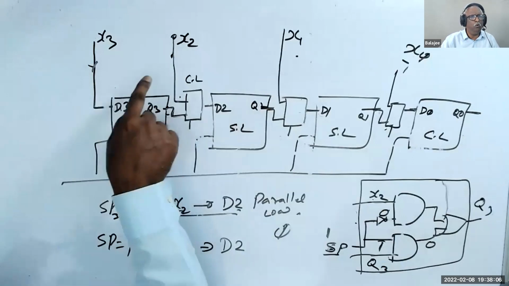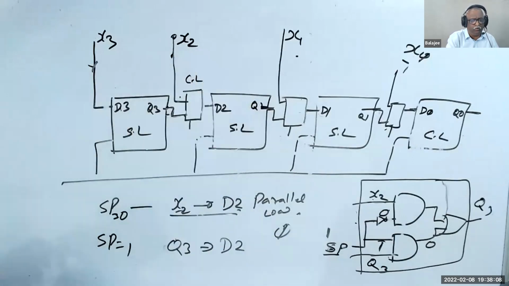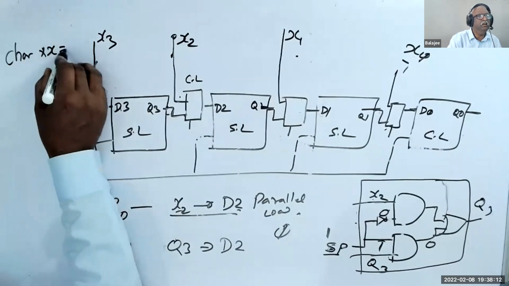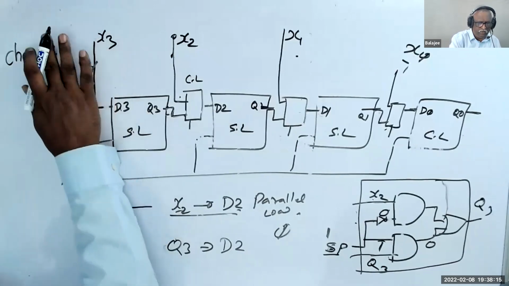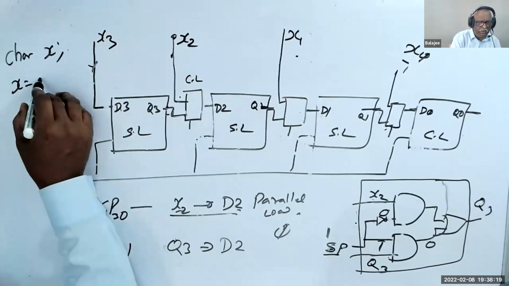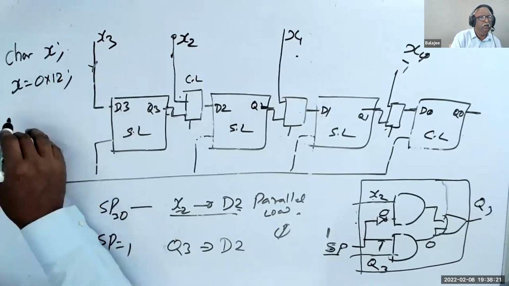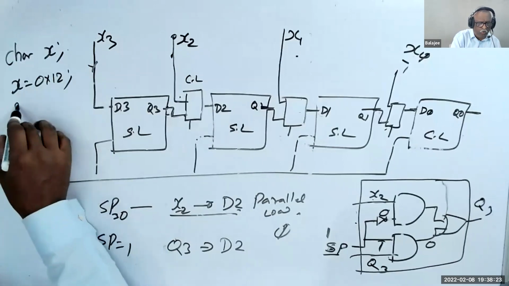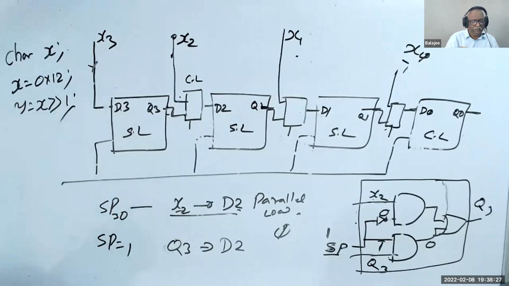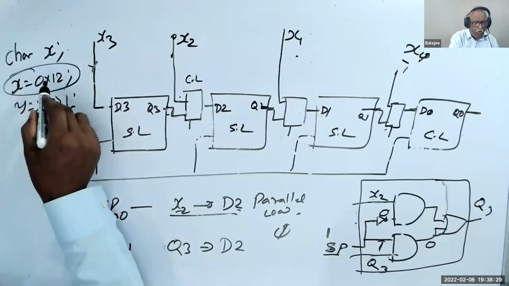You know one thing? What is the equivalent in software? See, char *X, X is equal to 0x12. Now you say Y is equal to X right shift by 1. This is the first operation, you are loading.